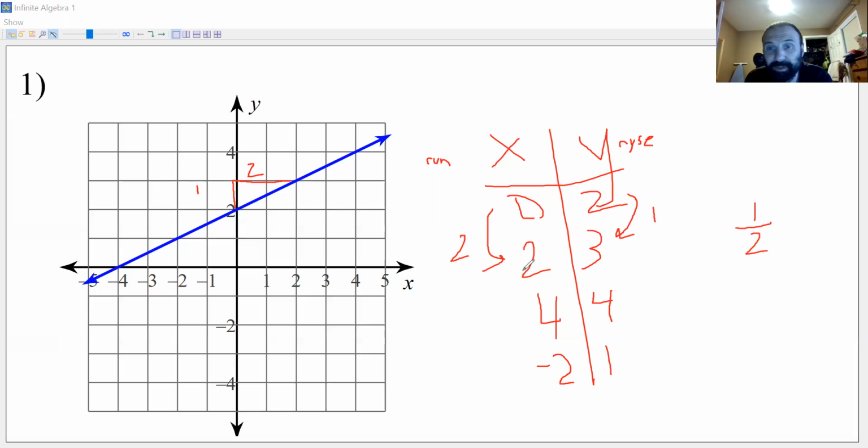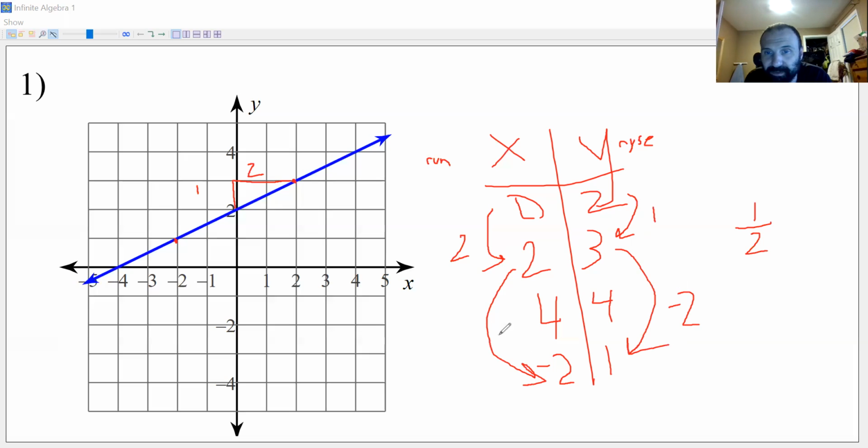You also could do kind of a crazy one. Go from this point, 2 comma 3, which is right here, to this point, which is -2 comma 1, and you should still get 1/2. Well, what happened here? From 3 to 1, I actually went down 2, right? 3 to 1 is going down 2. And then from 2 to -2, you should realize is actually 4, right?